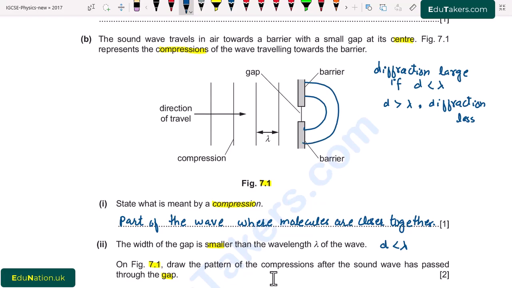So this is the second wavefront and there will be the third. So these are the compressions when they pass through the barrier and come on the right side. We must be very careful that the distance between these must be equal to lambda and it remains constant throughout.